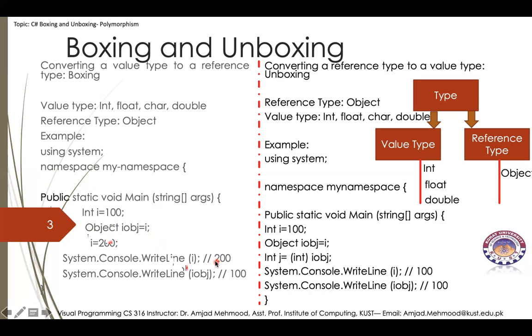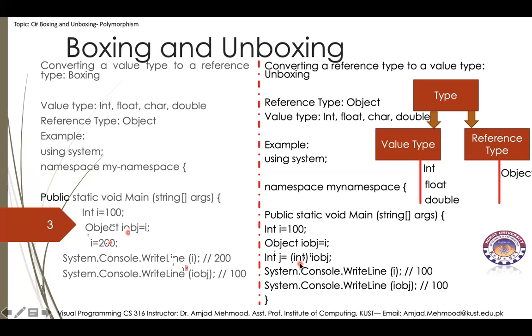So we need not write any step here, that we write object here. But here, when you were converting this object type to integer, you need this explicit step, that you have to write here what type you want to convert this object value to. Like I am converting to integer here, so I wrote integer.